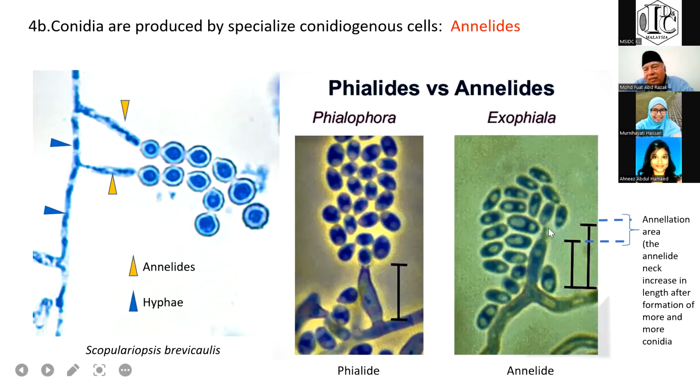If you can see an extended area there, this is probably an annellide, because in annellides, the length of the annellide increases after every production of a conidium. So it keeps on elongating. Whereas in phialides, the length of the phialide remains the same no matter how many conidia it produces.